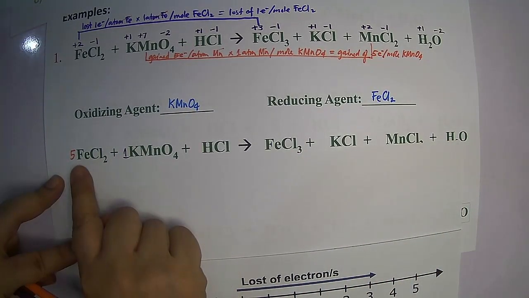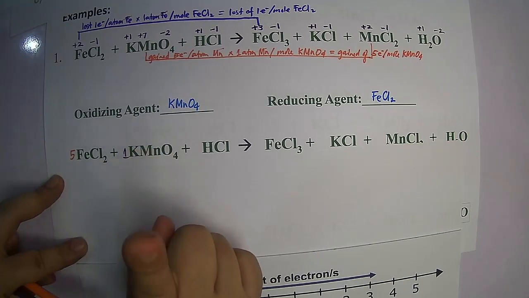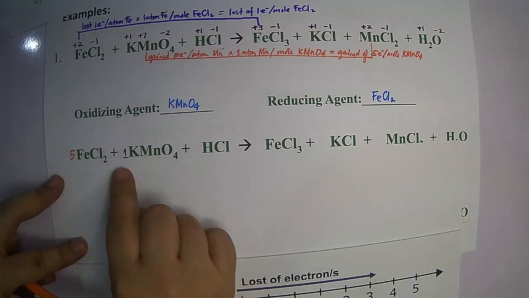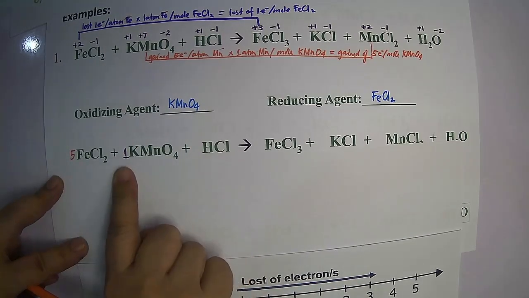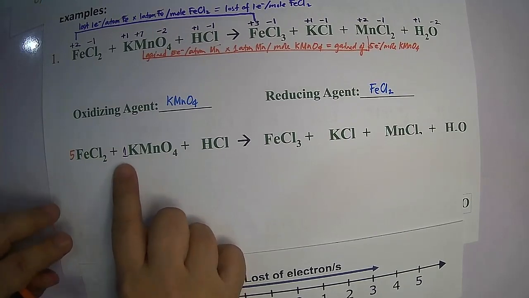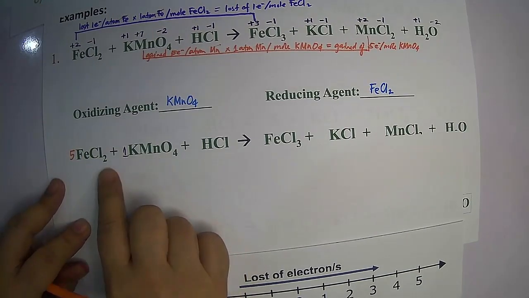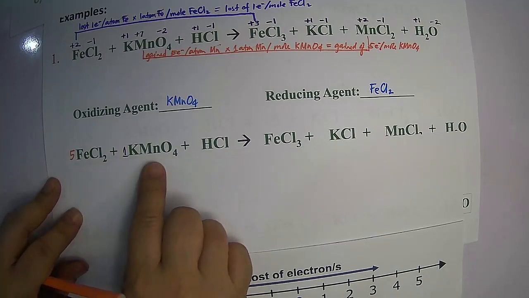The iron is losing 5 electrons, 1 each per atom, and only one atom of manganese will satisfy that because it needs 5 electrons per atom. Okay? So that is what we meant by cross multiplying. We write 1 here to denote that we have just balanced the number of electrons gained and lost between iron and manganese.